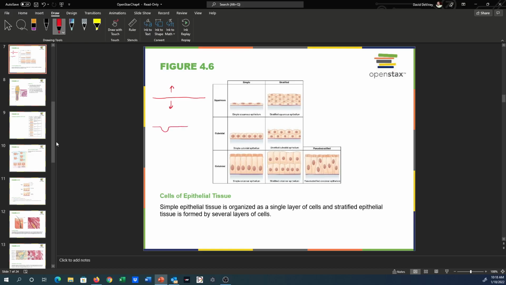Right? And that'll carry on until maybe you get something that looks like this. Right? And then what can happen is either this duct will remain or maybe that duct goes away and you'll end up with just a gland that sits there like that.